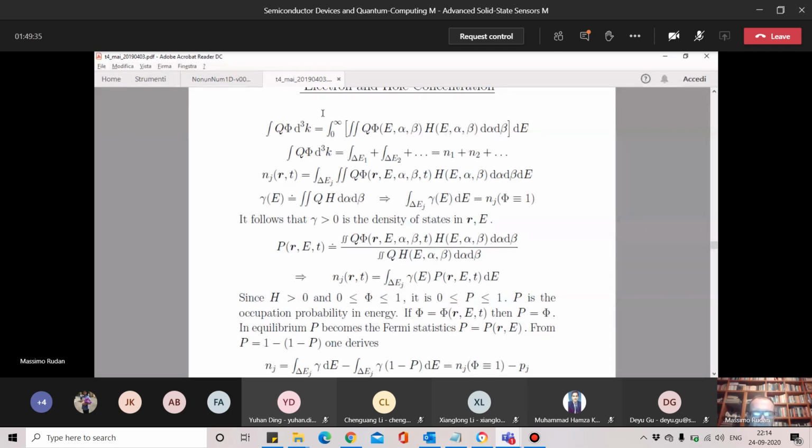Now, you can take again the double integral on the third line. So if you look at the third line, you have a double integral over alpha and beta. Take that double integral and divide it by gamma. Gamma is by definition the double integral of QH, okay?